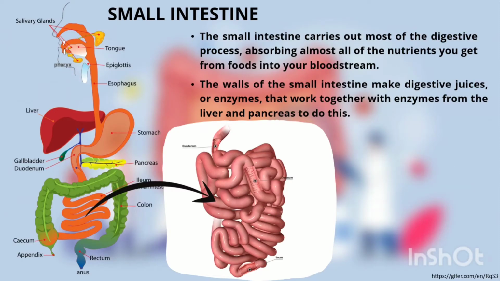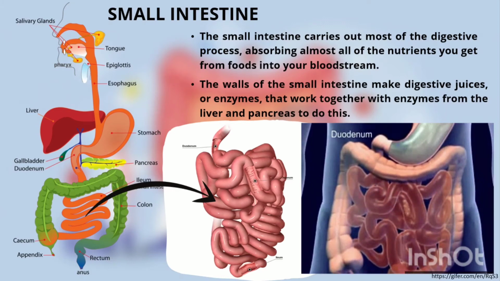The small intestine carries out most of the digestive process, absorbing almost all of the nutrients you get from foods into your bloodstream. The walls of the small intestine make digestive juices or enzymes that work together with enzymes from the liver and pancreas to do this.